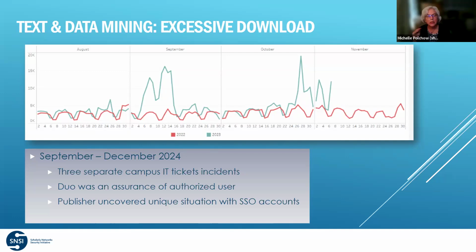With the first spike, our library's practice is that the person who negotiates the license usually has their name on the email, and that person sends it to library IT. In this case, this was an unusual breach. It was the first time we'd had a breach with a single sign-on account.